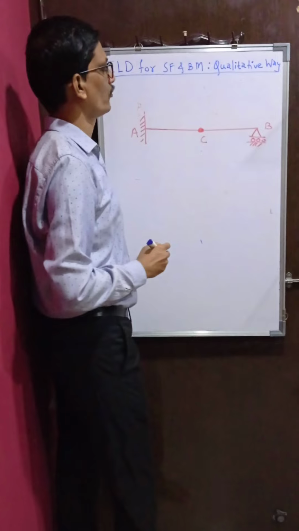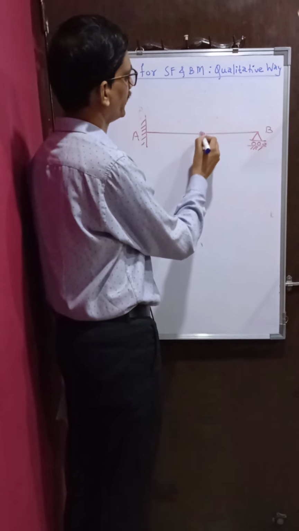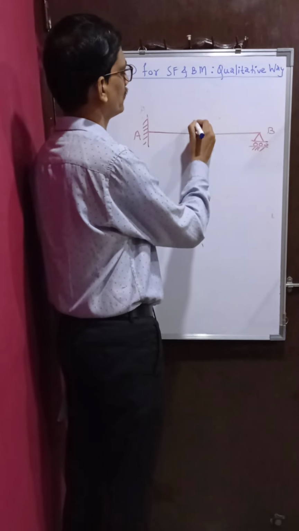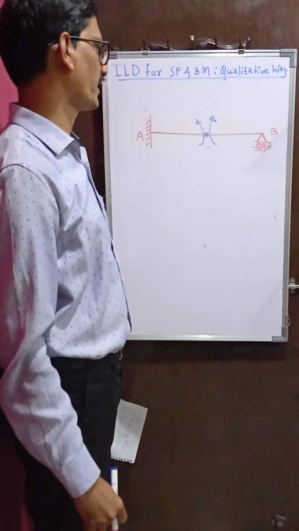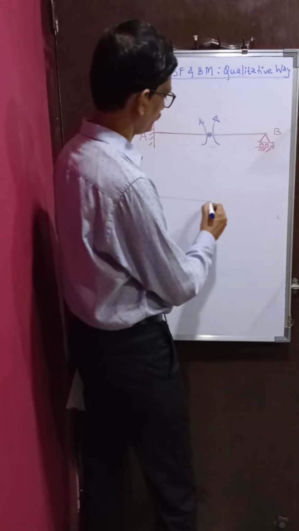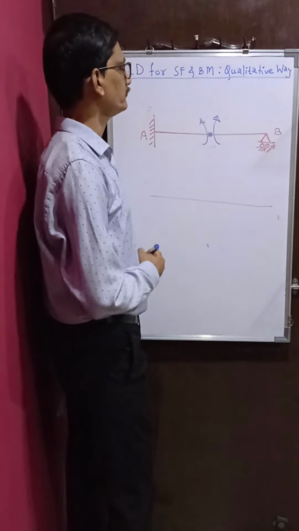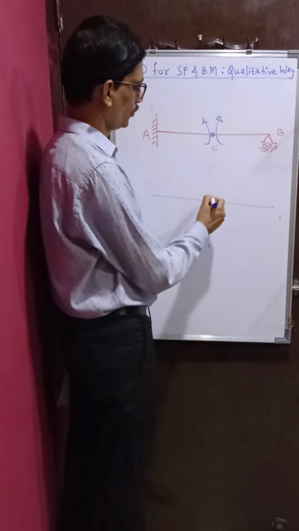So I want influence line diagram for bending moment at C. So already there is an internal hinge. So again we introduce an internal hinge. Again you provide rotation like this. Now again the influence line diagram for bending moment at C will be 0.